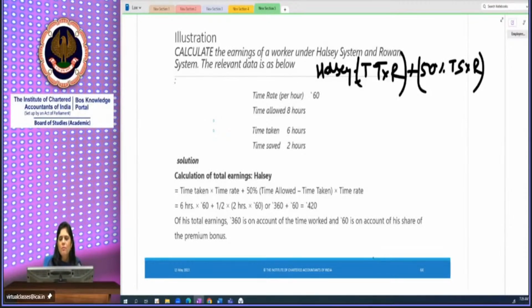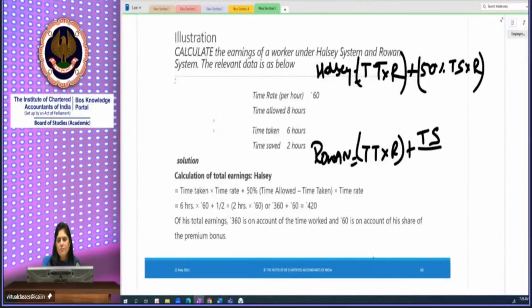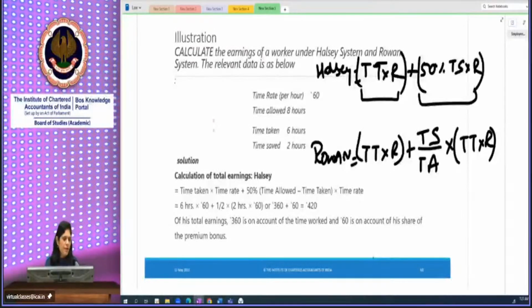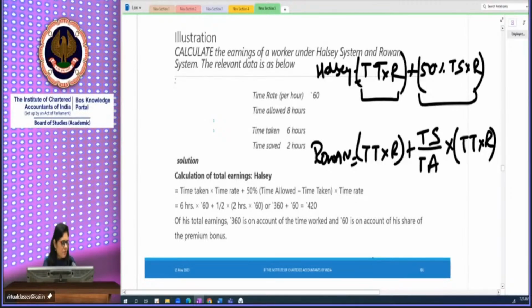And Rowan: again the normal wage, time taken into rate, plus time saved by time allowed into time taken into rate. This is how we calculate Halsey and Rowan. The first section is the normal wage and the second section is the bonus. Please calculate for both Halsey and Rowan and tell me the final amount.